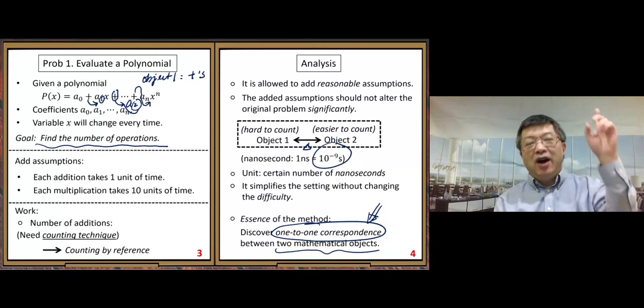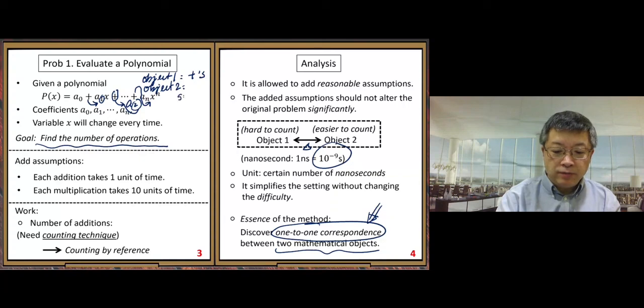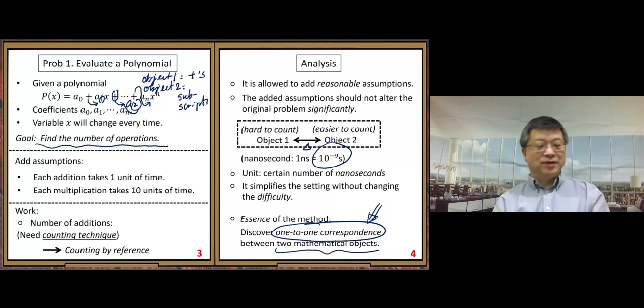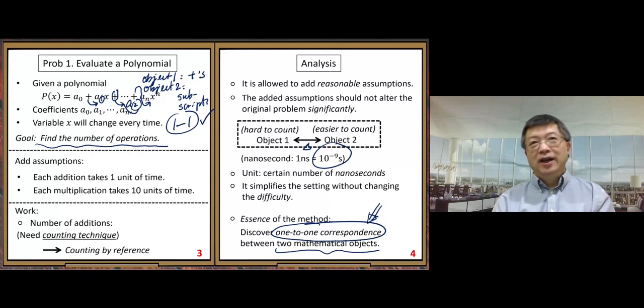So object 2 is the subscripts. Is it a one-to-one correspondence? Yes.